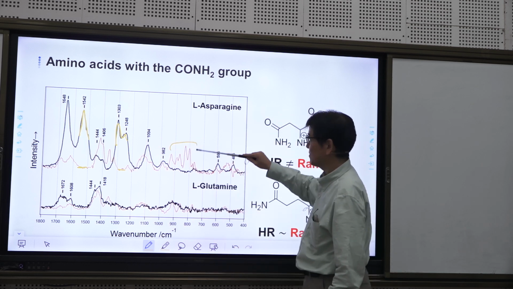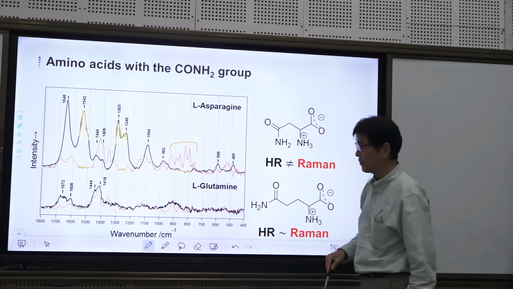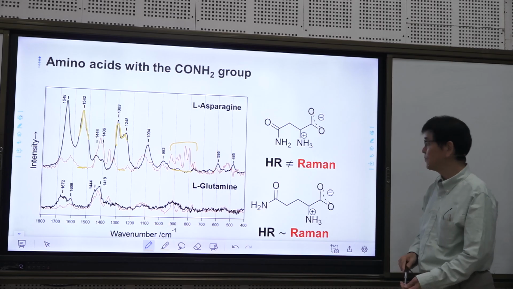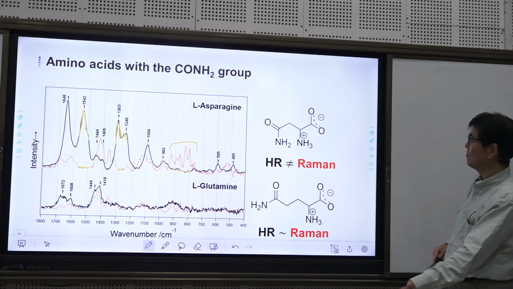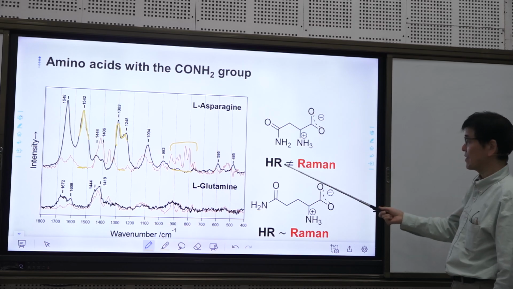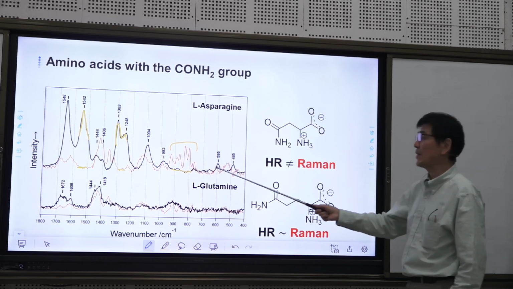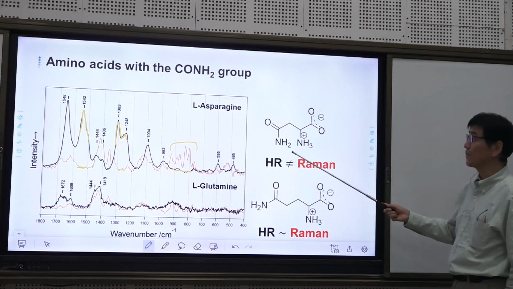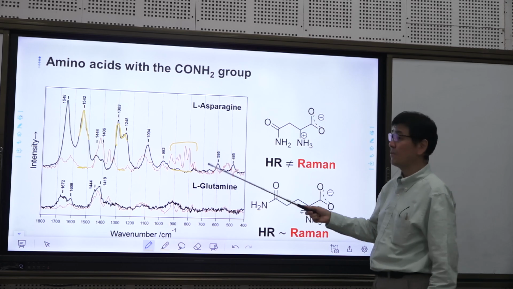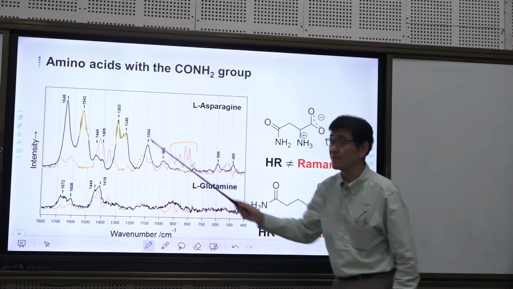Raman bands do not appear in the hyper-Raman spectrum. So in this case, the hyper-Raman spectrum is not identical to the Raman spectrum, and somehow we can expect new information from the hyper-Raman spectrum.